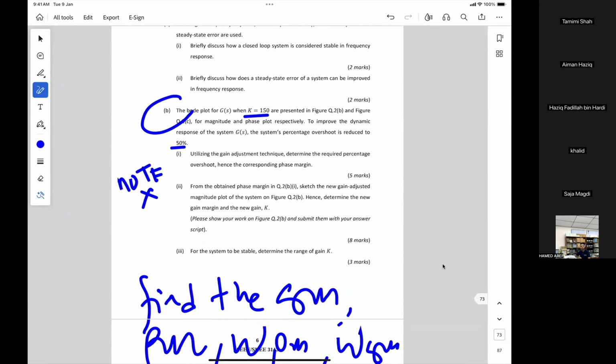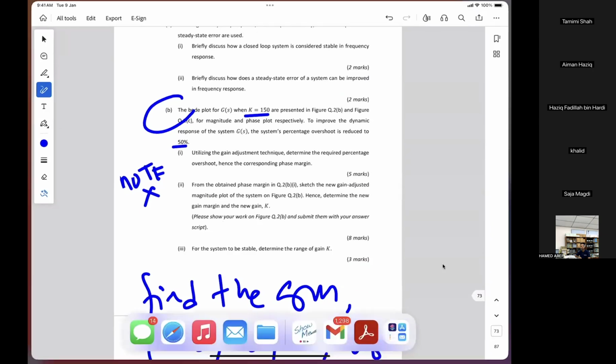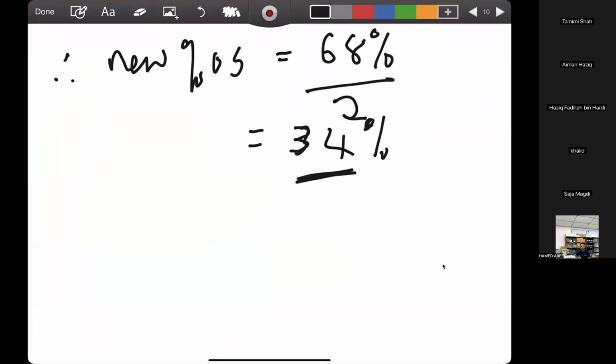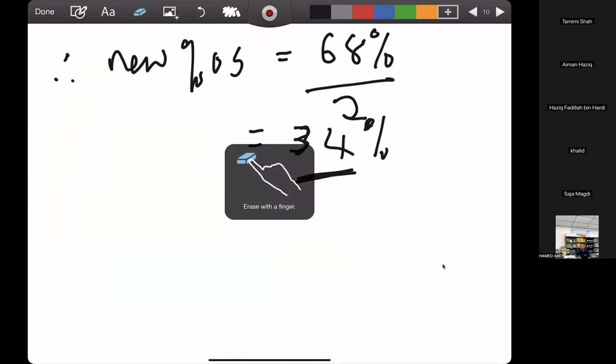Do you understand like that? Students understood 68% divided by 2, reduced by 50%, quite confusing, am I right? Reduced to 50% means it should go from 68 to 50.